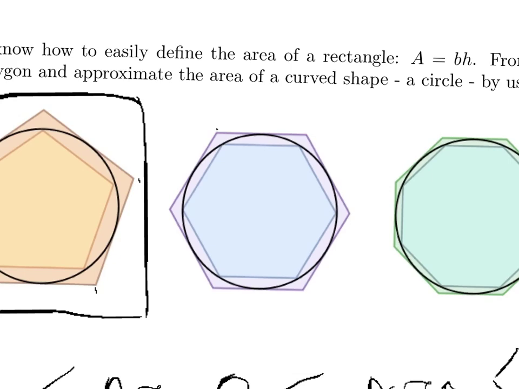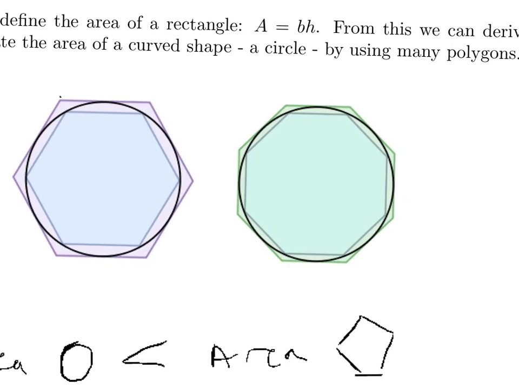That purple area between is smaller. And if we increase it one more time to an octagon, what happens? It's even smaller. So if we can take the area to the limit in either direction, take the area of the bigger one, make it smaller, take the area of the smaller one, make it bigger, we can get the exact area of a circle, and that's exactly what was done. We'll pause there and come back to it tomorrow.